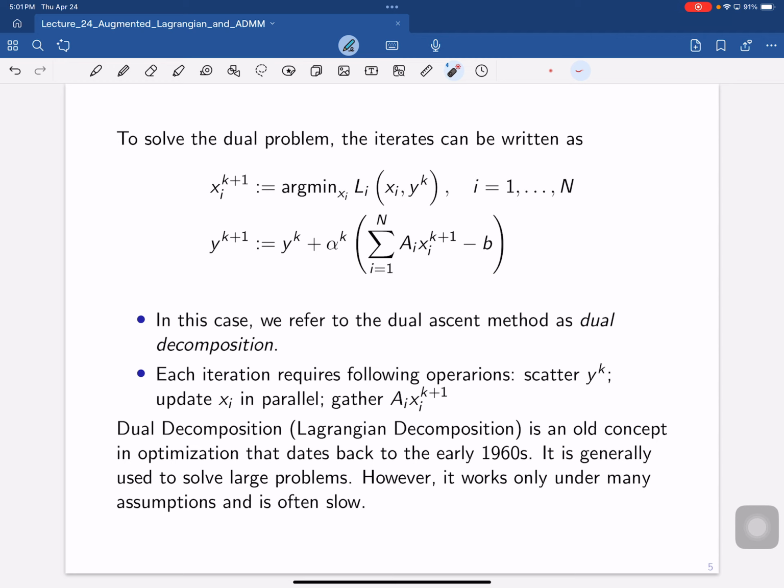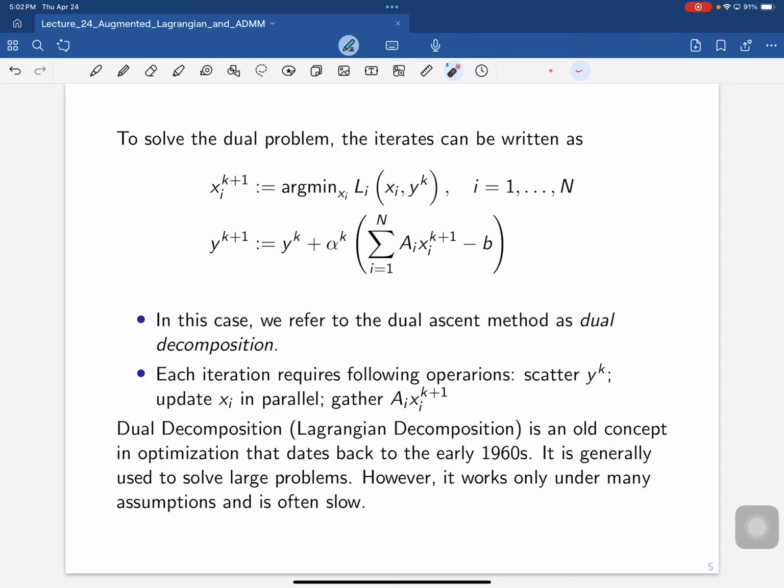However, if you add a quadratic term, the problem will no longer be decomposable, because you have the quadratic term multiplying terms across the two different blocks.